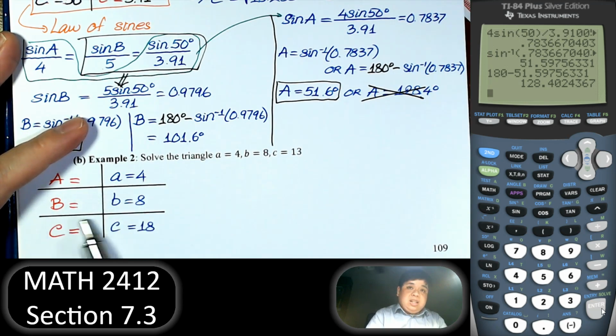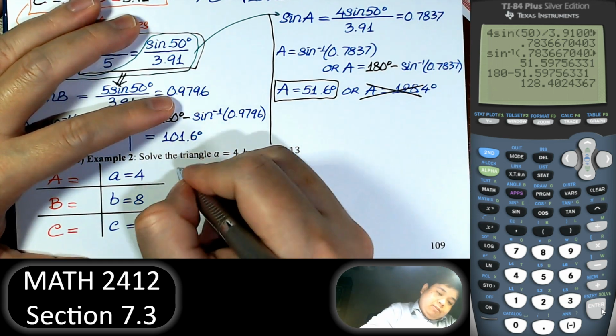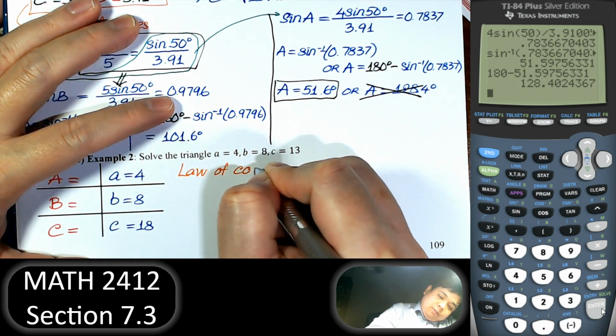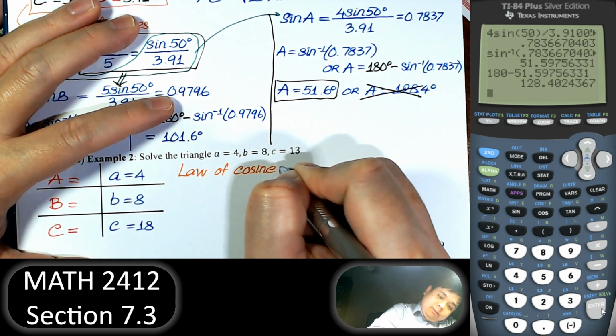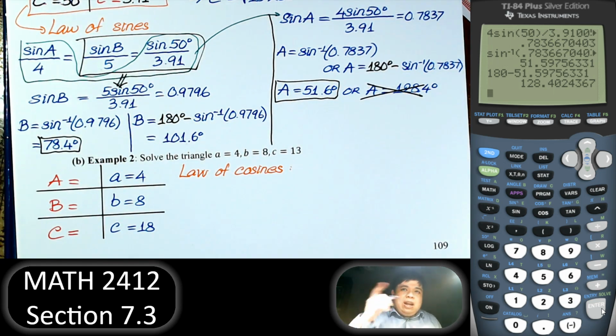We don't have the opposite angle and sine here. So, law of cosine is the only option here. There are three of them. So, which one do we use?